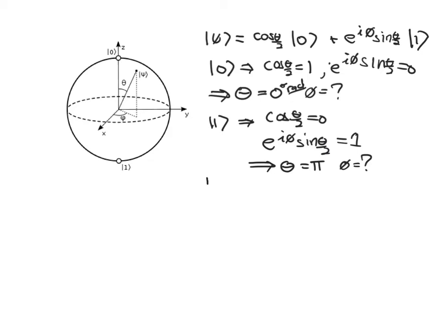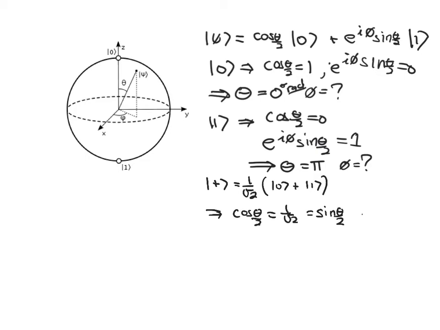Then another familiar state would be the plus 45 degrees state, or let's just call it the plus state, which recall is defined as 1 over the square root of 2 times the 0 state plus the 1 state. So that must mean that in this state, cosine theta over 2 has got to equal 1 over the square root of 2, and that's also got to equal sine theta over 2.